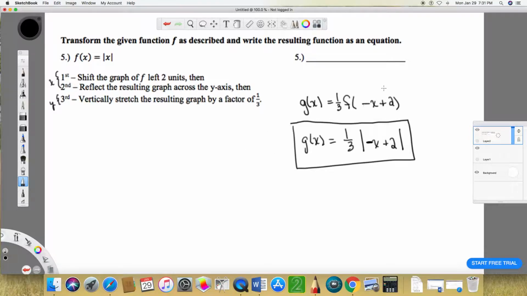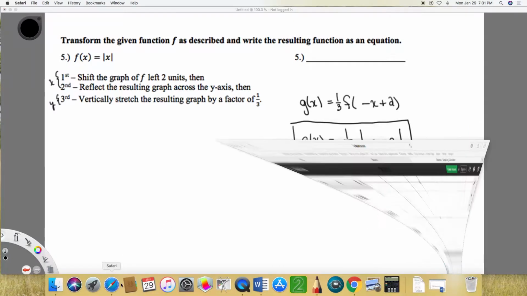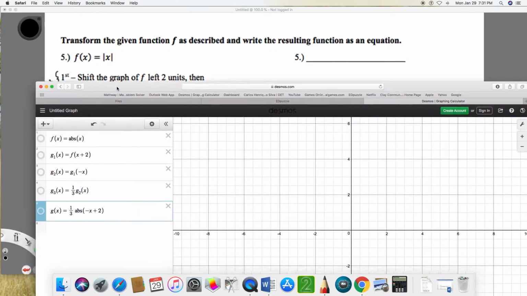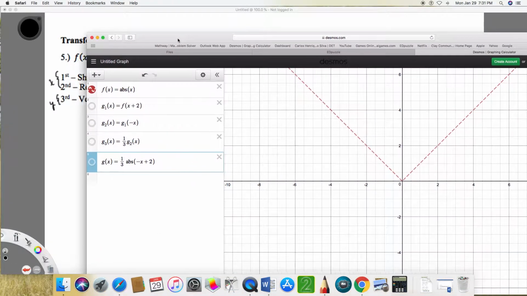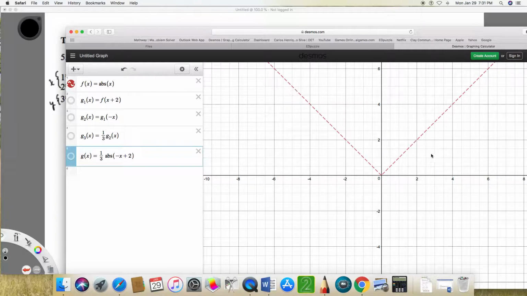Oh, wait. I want to prove to you that I believe is the correct answer by doing it on the Desmos graphing calculator. So I keyed it in ahead of time. The absolute value function, our parent function, looks like a V with its vertex at the origin.